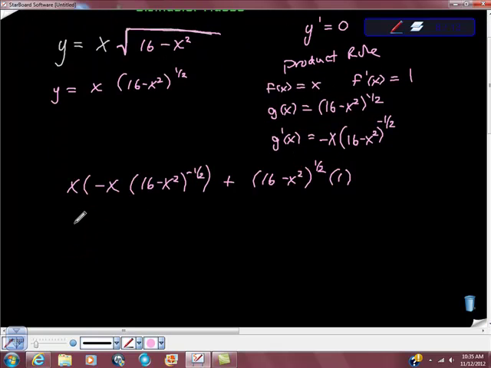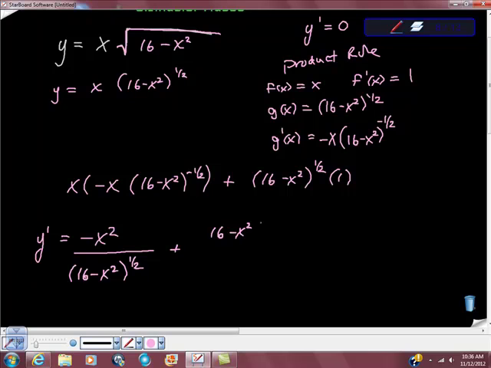This is where it gets to be kind of crappy looking. So y prime is equal to x times negative x is negative x squared, isn't it? This thing right here is a negative exponent, so it goes down to the bottom, right? So we get 16 minus x squared to the positive 1/2 power at the bottom, plus 16 minus x squared to the 1/2 power.